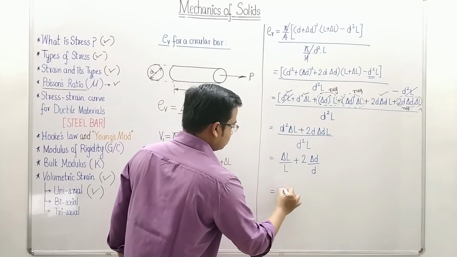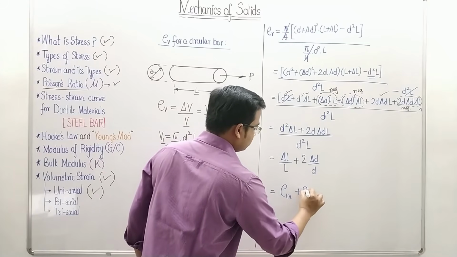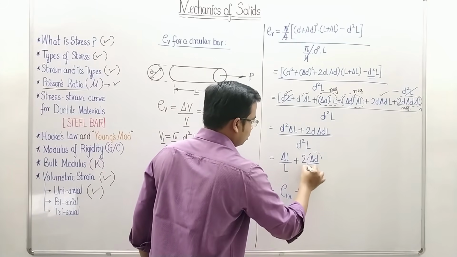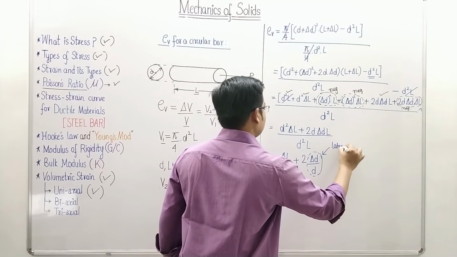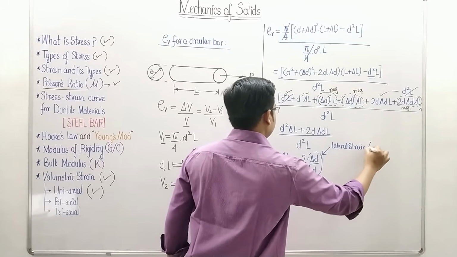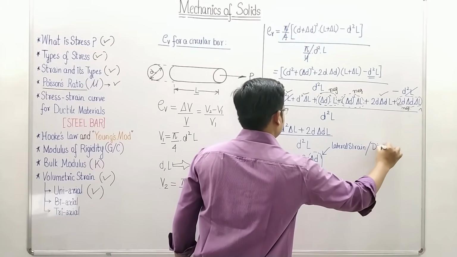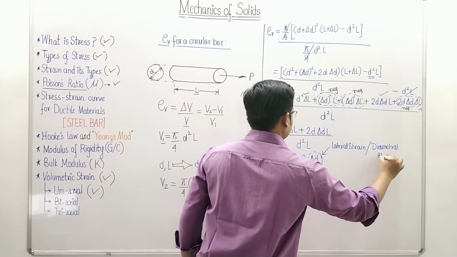So what is this? This is linear strain. What is this, 2 times of? You can call this lateral strain, or you can also call it diametral strain. That is the strain acting along the diameter. Right?